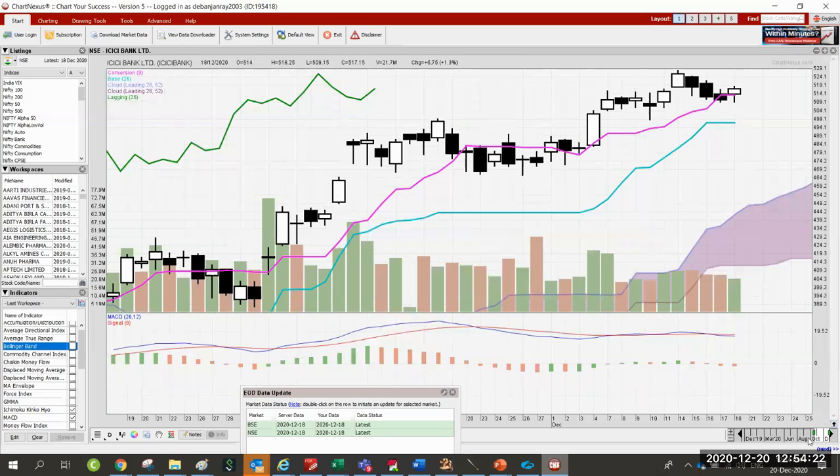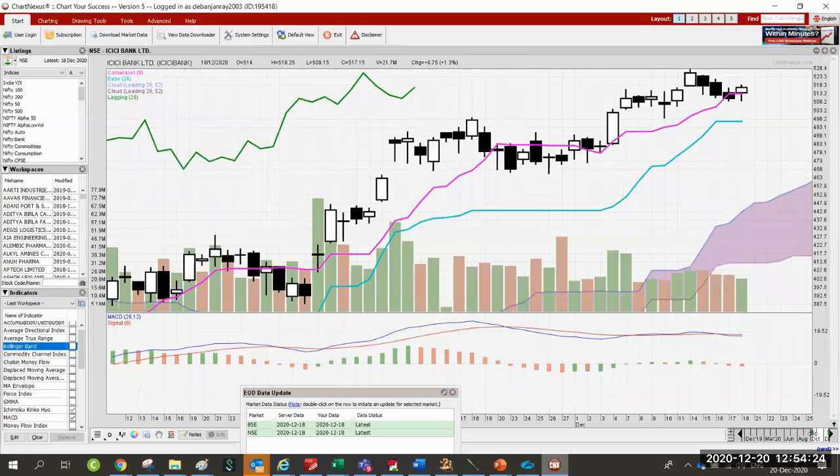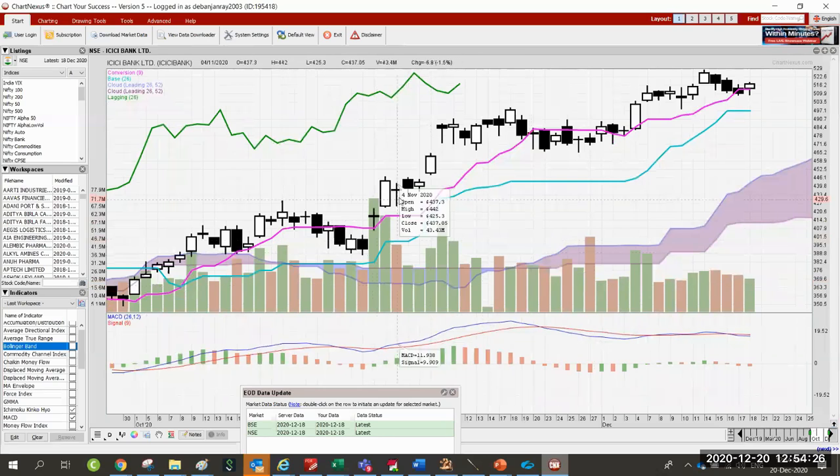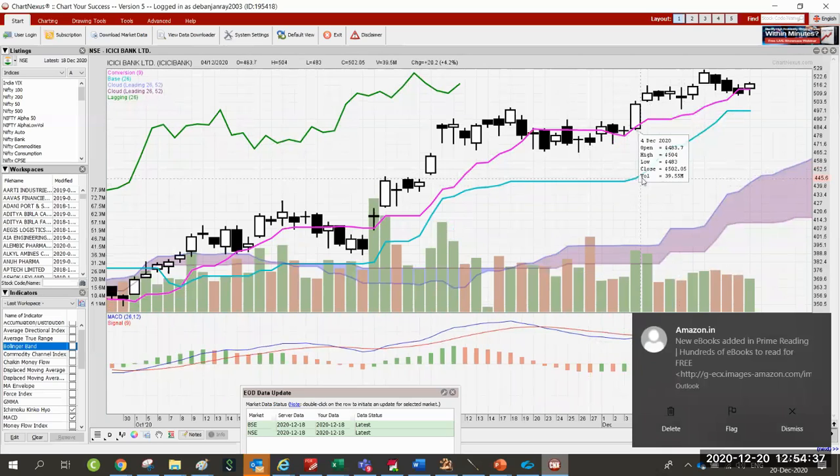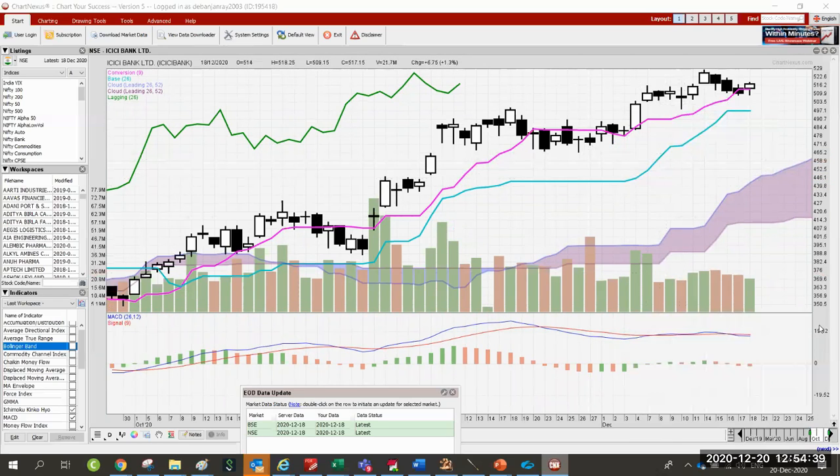So for ICICI, you can see that the price is continuously over the K line, so it is safer to buy. But whenever it is flat, do not buy. Whenever there is an upward slope, you can buy.